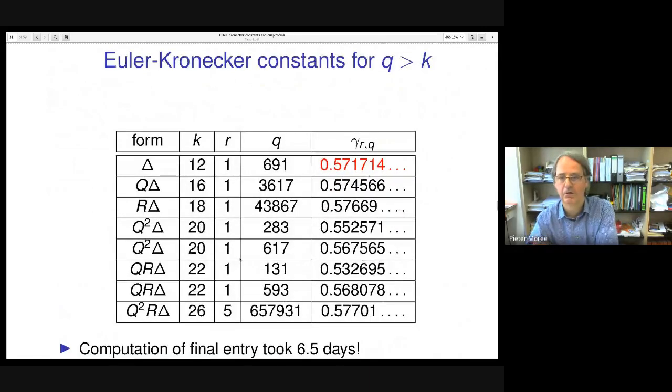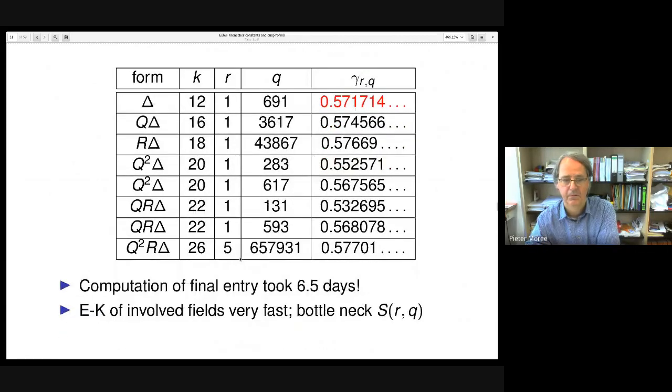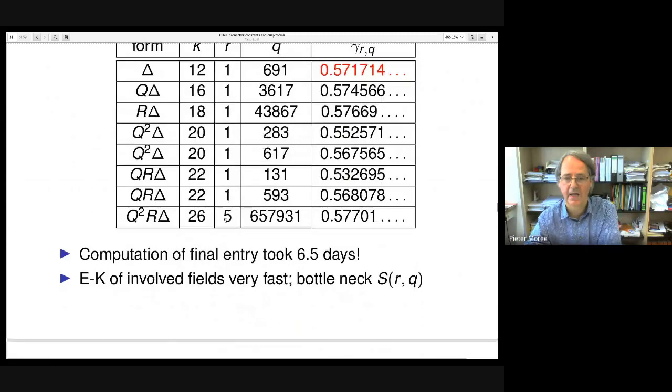So these are the Euler-Kronecker constants for q greater than k. This was partly highly non-trivial to compute. Here for this biggest prime, Alessandro, who, as I told you, is a super duper expert in doing this, has a big cluster available at the University of Padua.